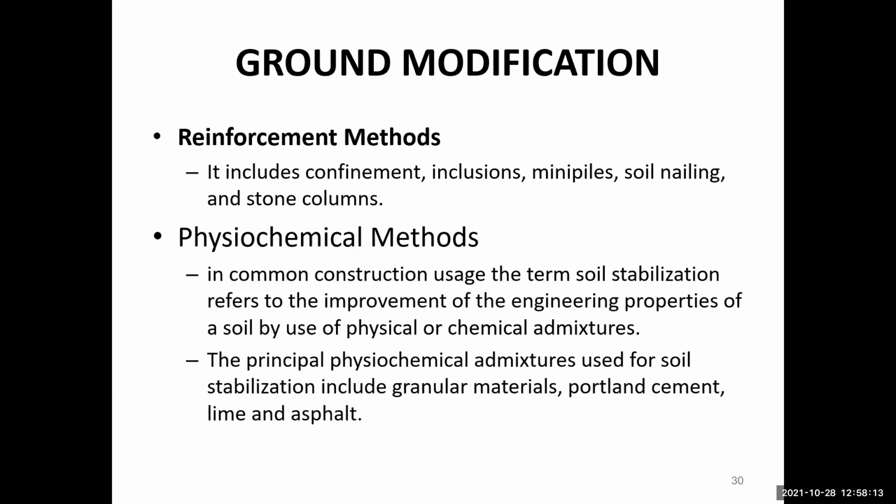The principal physiochemical admixtures used for soil stabilization include granular materials, Portland cement, lime, and asphalt. So cement can be mixed into the soil, and lime, which is a calcium hydroxide based material, can also be used.